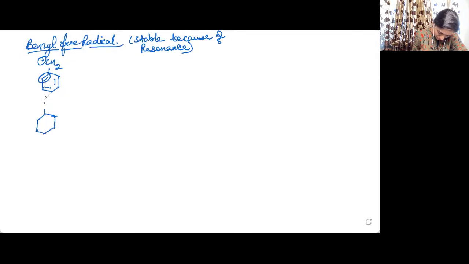So these two electrons are there. This will move here. This will move here. This will move to the carbon. So this is the free radical.